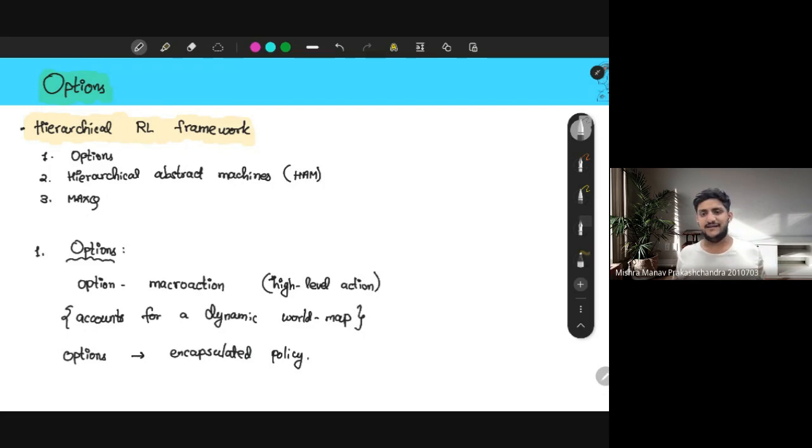Options provide a way to abstract away the details of the low level actions, and enable the agent to reason about a long term goal, or long term sub goals if the goal is still very high.